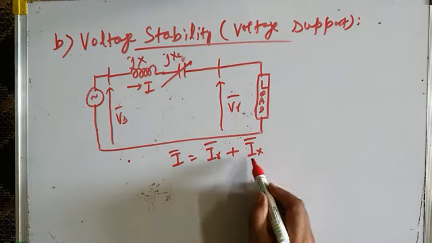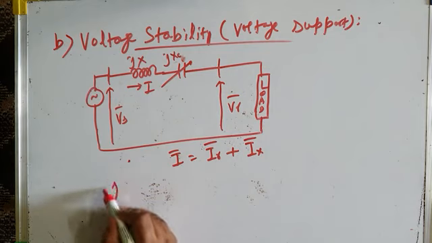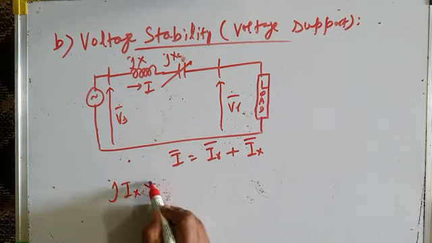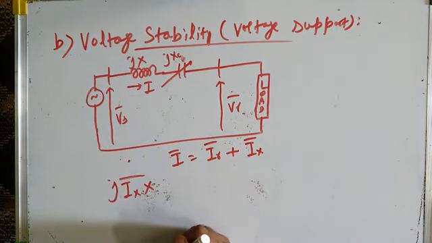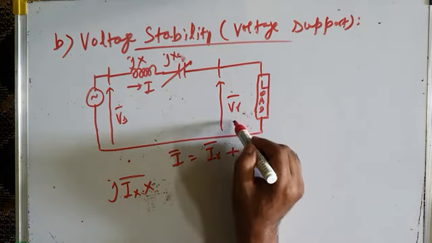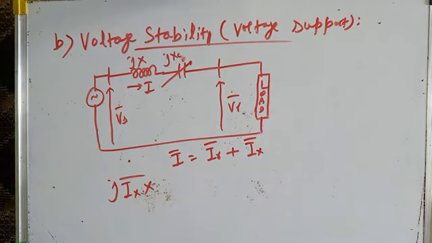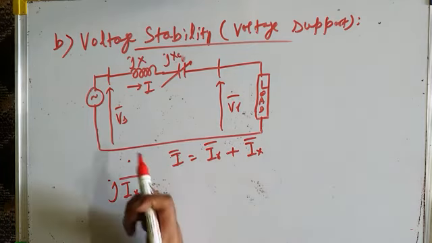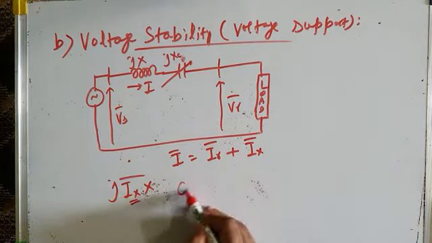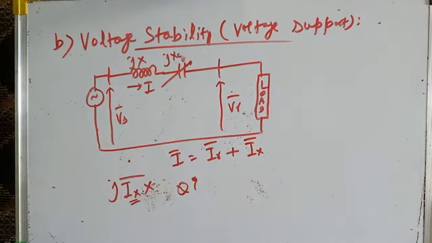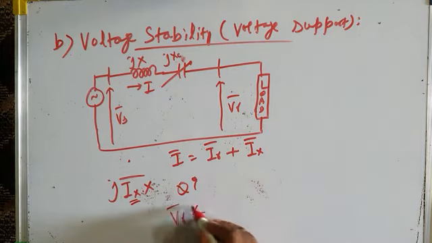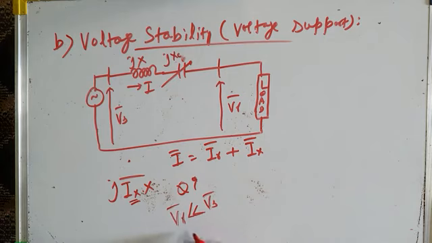It is this reactive component of current which is responsible for the voltage drop across the transmission line reactance, and it makes the receiving end or load voltage less than the sending end voltage. If this reactive component is large, because reactive power is large, then this drop will be large and voltage regulation of the system will be very poor, meaning the receiving end voltage may be much lower than the sending end voltage.